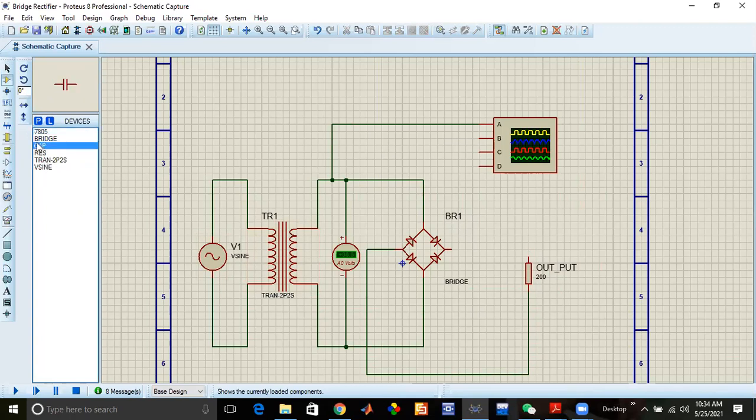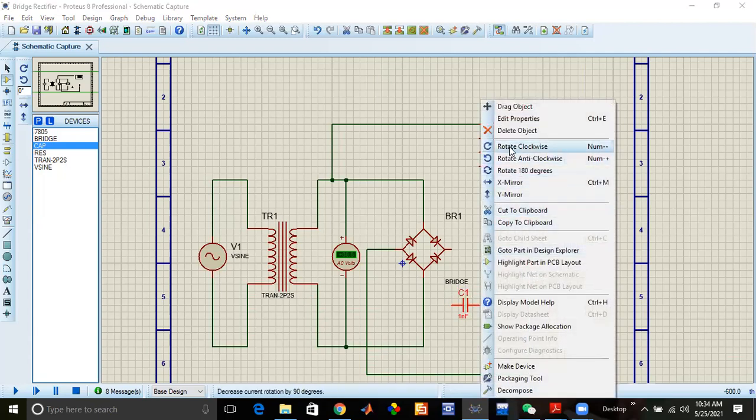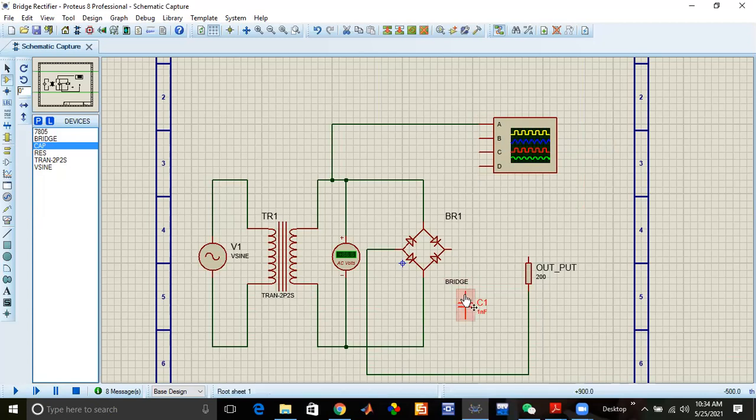So this is the capacitor. This is one capacitor.